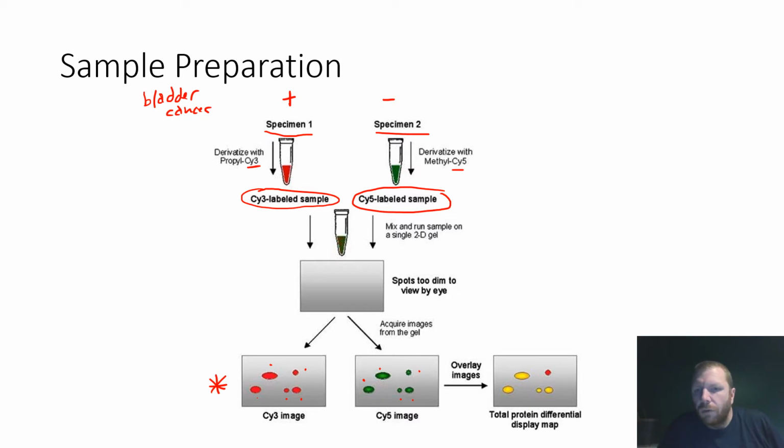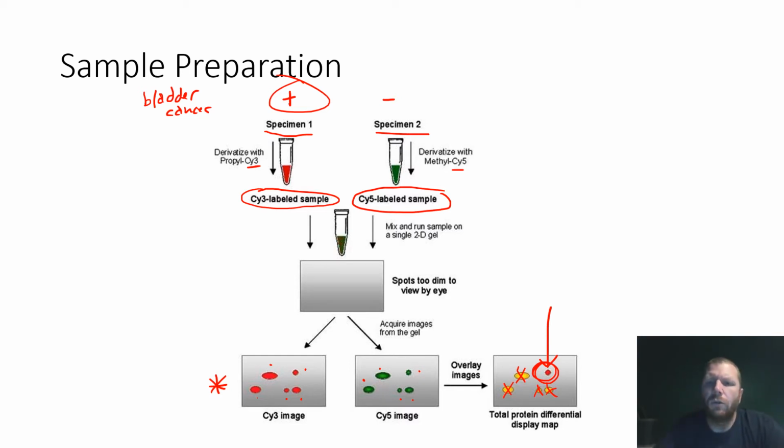So all of the proteins that are the exact same in terms of their positioning, that would be this one, this one, this one, this one, this one. This one, however, has shifted a little bit, so it's worth noting. Then you say, oh, as it turns out, the Cy3 image, that's the protein that I'm seeing. So that protein in particular has changed due to the bladder cancer, or whatever affliction or treatment the first specimen was given.